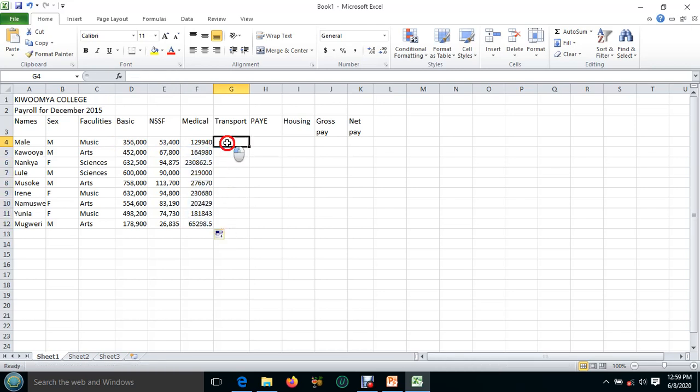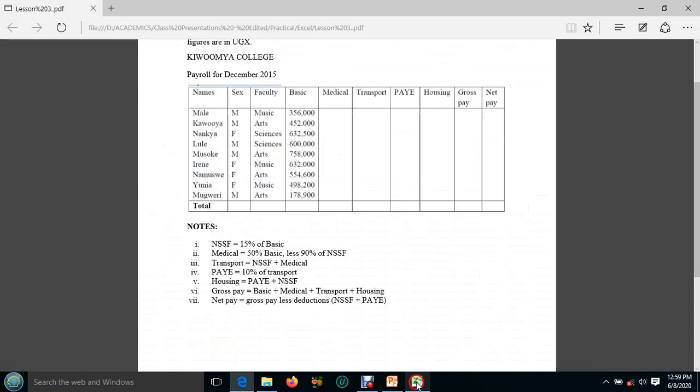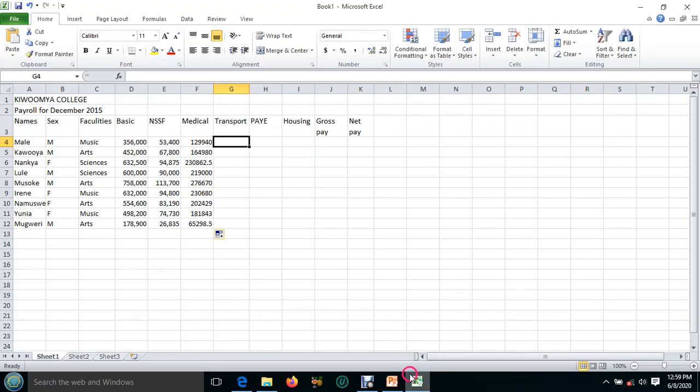Okay. Transport, they told us NSSF plus medical. Transport is equal to NSSF plus medical. So transport for the first person will be equal to NSSF, the first NSSF is that, plus the medical for that person is this, and enter. Okay, you copy.